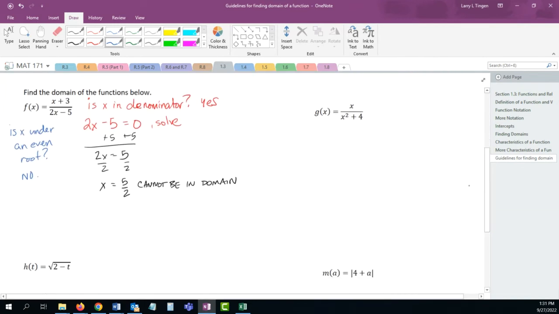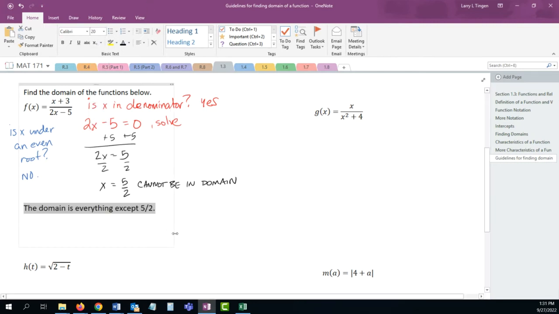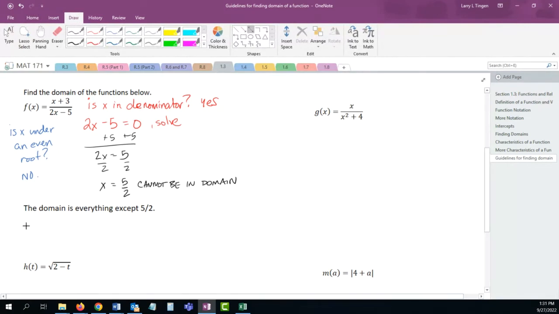So what is my domain? Well, the domain is everything except 5/2. Everybody agree to that? Everybody think that's true? No other rules were problems? So everything except 5/2. What does that look like on a number line?